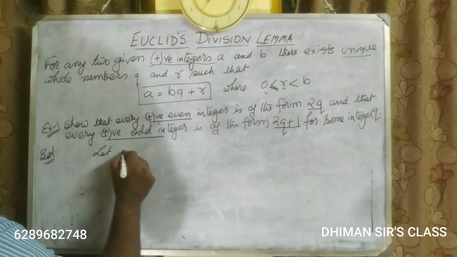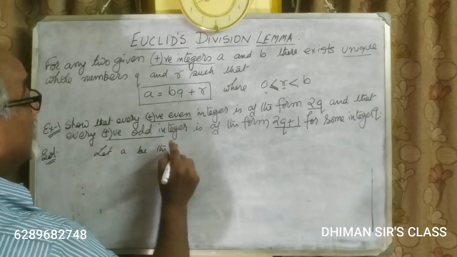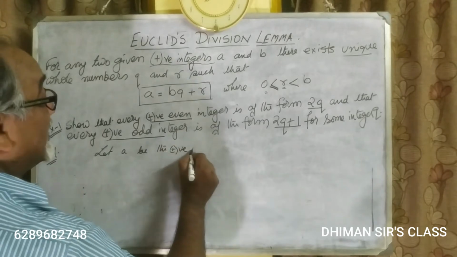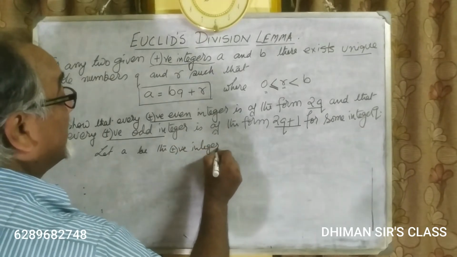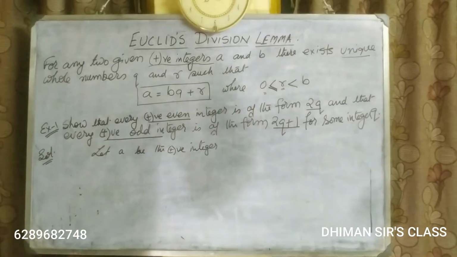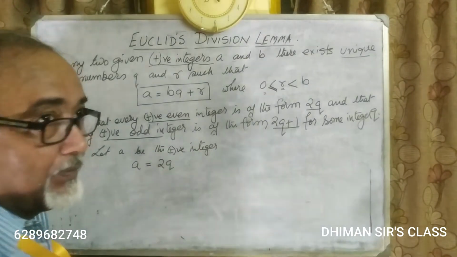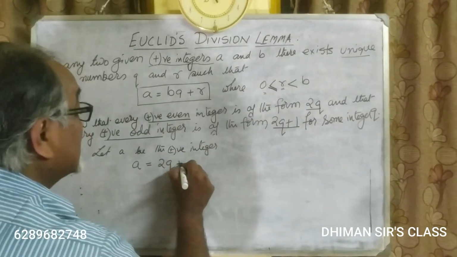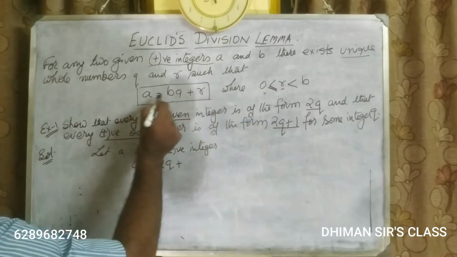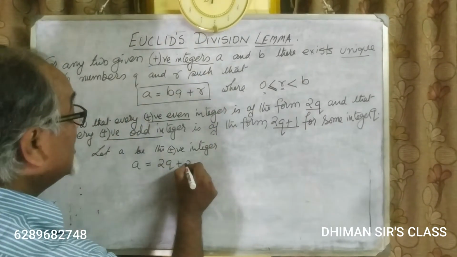Let A be the positive integer. Now in this, when A is the positive integer, A has to be equal to 2q plus, as in the form A is equal to BQ, so B is 2 and what is R? 0 here.